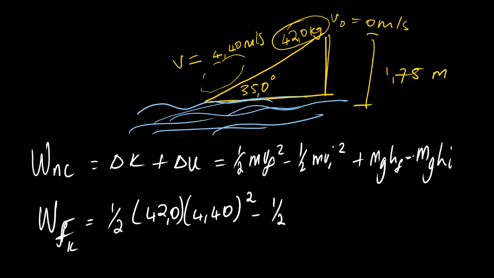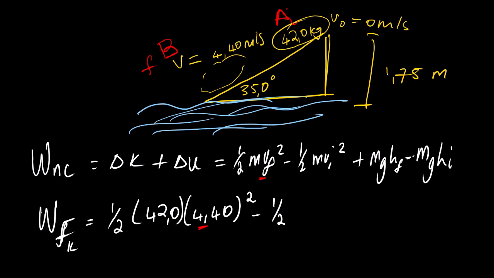Now, to make things simple, let's say this is point A, this is point B. This will be our initial position, this will be our final position. So the value of VF is 4.40, that is position B.